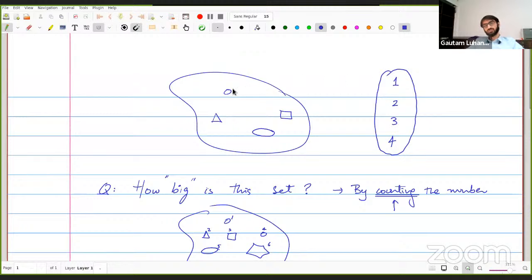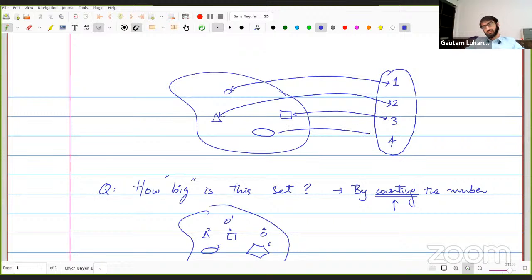So I say that there's a correspondence between this element and the number 1 here. And then I say that there's a correspondence between this triangle and this element, and this square and this number 3 right here, and this ellipse and the number 4 there. So there's a one-to-one correspondence between these two sets, and that's honestly all you're doing when you're counting. You're creating a one-to-one correspondence. And what I've just created, we call a mapping.